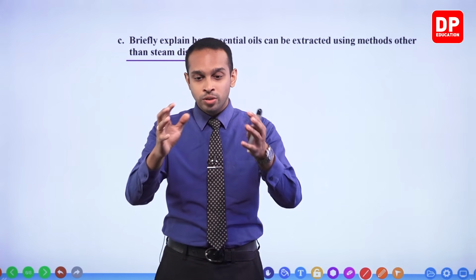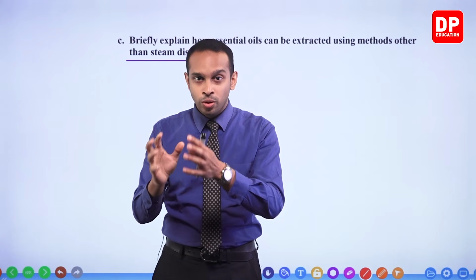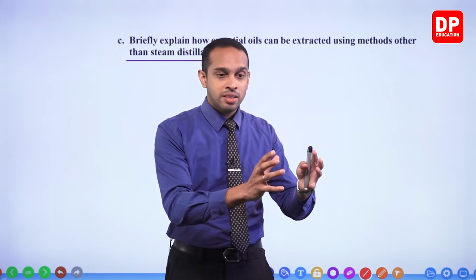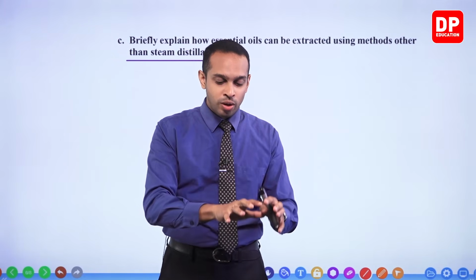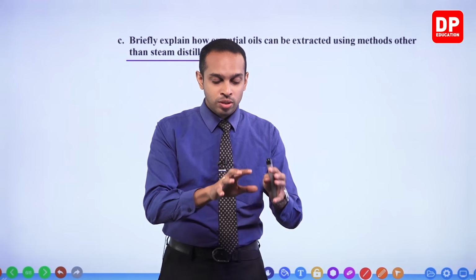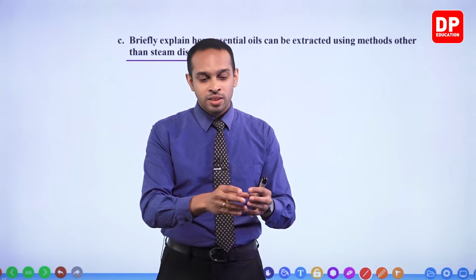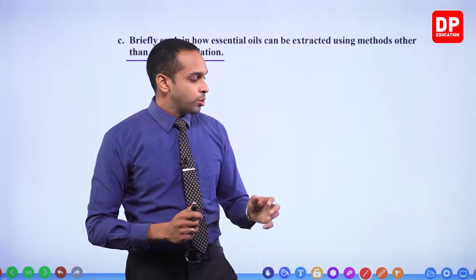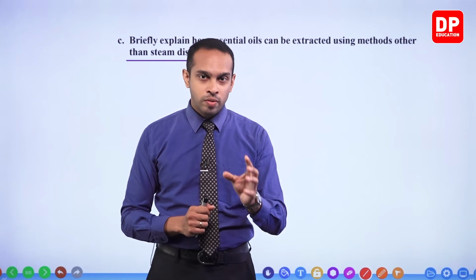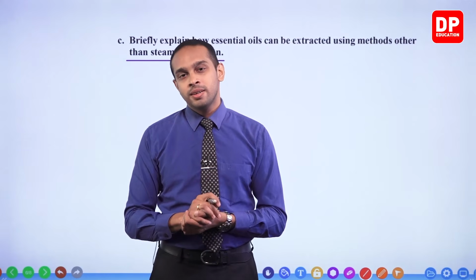The organic solvent now contains the essential oil, so it's a mixture of essential oil and organic solvent, and then we can take it and evaporate the organic solvent. As the organic solvent gets evaporated, the essential oil remains, so the essential oil will be the only remaining product here. Students, that is how we use the solvent extraction method to extract an essential oil.